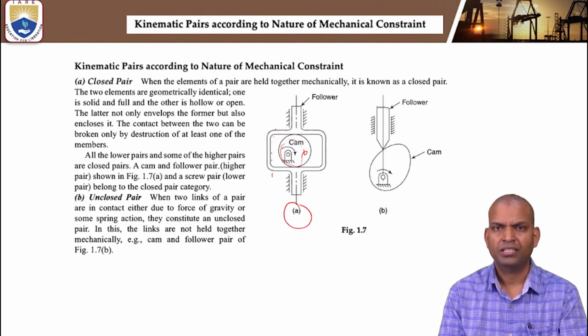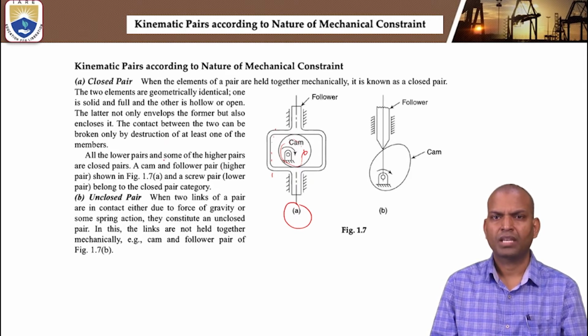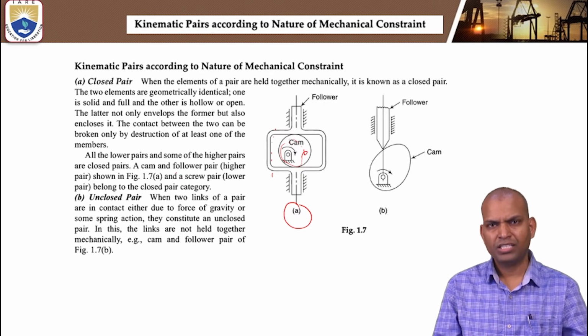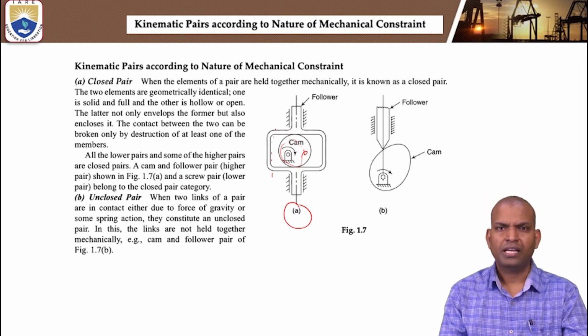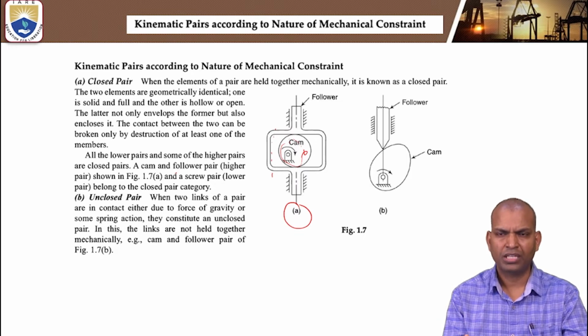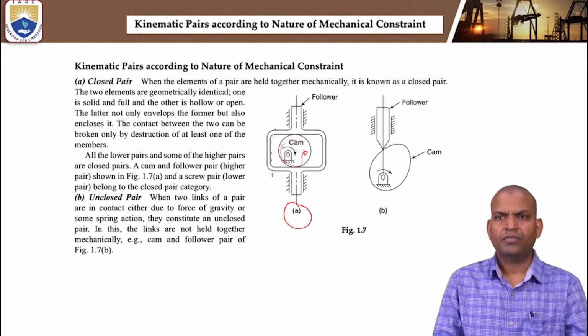Now all the lower pairs and some of the higher pairs come under the category of closed pairs. So all the lower pairs, with surface contact or point contact, can be called closed pairs, and some of the higher pairs can also be called closed pairs. Now what are the examples?